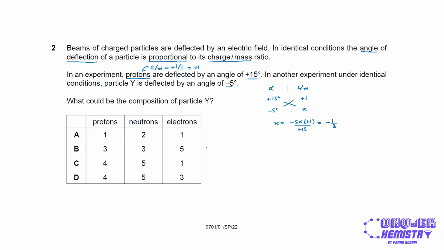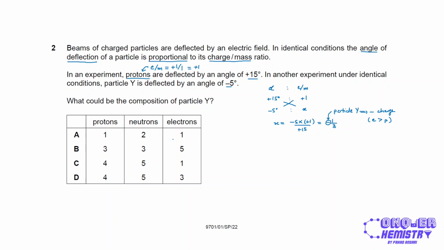So now for this, first of all, I need to realize that this negative sign means that particle Y has a negative charge. That means it will have more electrons than protons. So let's figure out which options have more electrons than protons.